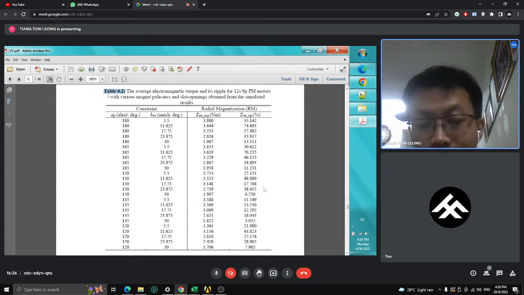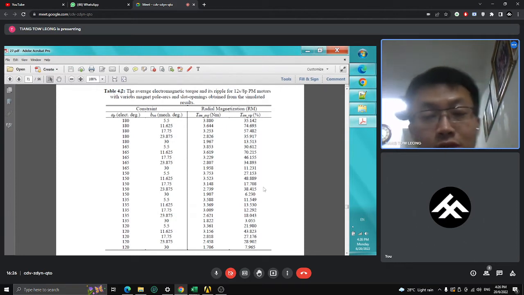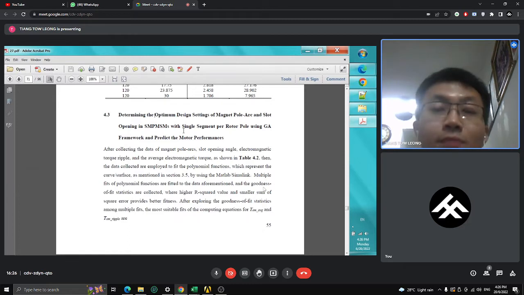Section 4.2, you write it yourself; it is optional, you decide. Then determining the optimum setting, Hani must include it, but this one is using GA, while yours is using normalization.